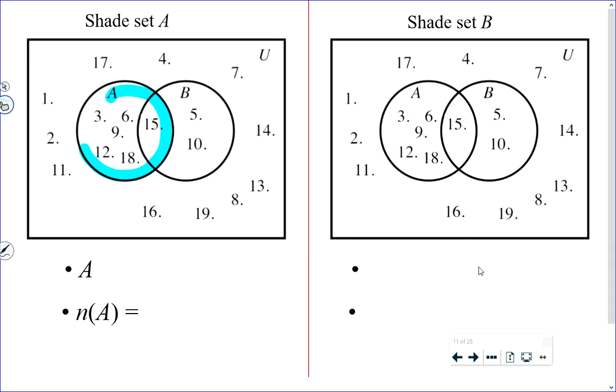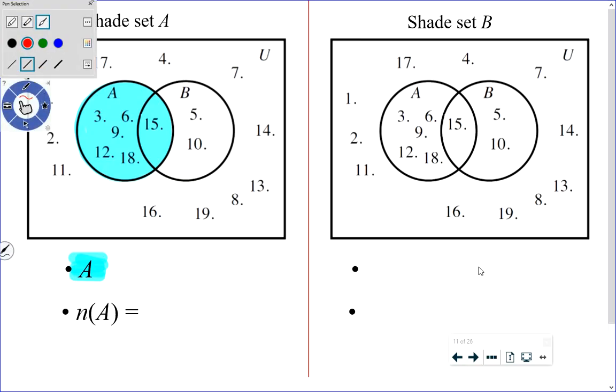If I asked you to write down notation that says set A, all I would do is write the capital letter A. And if I ask you, a reminder, and you've had questions in the previous assignment dealing with this, if I ask you what is n of A, I'm asking you how many elements are in A. So how many elements are in set A? 1, 2, 3, 4, 5, 6. So this is equal to 6.